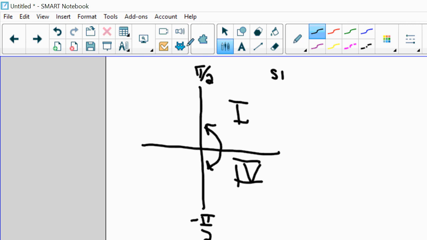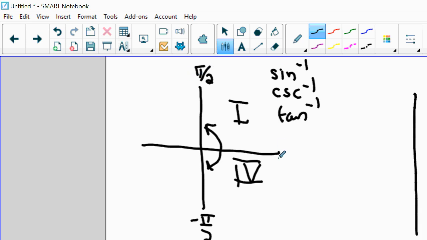And that works for sine inverse, cosecant inverse, and tangent inverse. You must memorize cosine inverse, the scribble associated with it, secant inverse, and cotangent inverse were from 0 to pi. They can only lie in there.